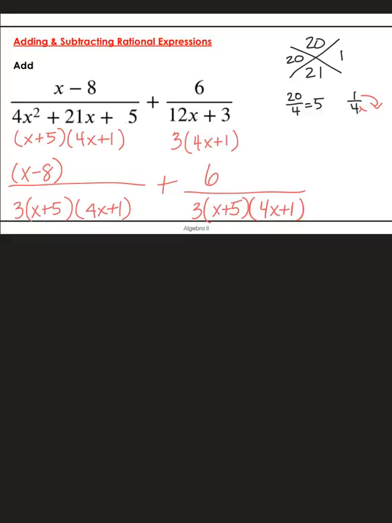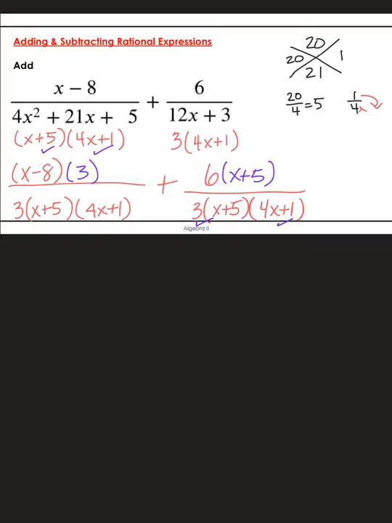So now let's look. I have on the left side, I already have an (x + 5), and I have a (4x + 1), but I don't have a 3. So I'm going to put a 3. On the right side, I have a (4x + 1) and I have a 3, but I don't have an (x + 5).